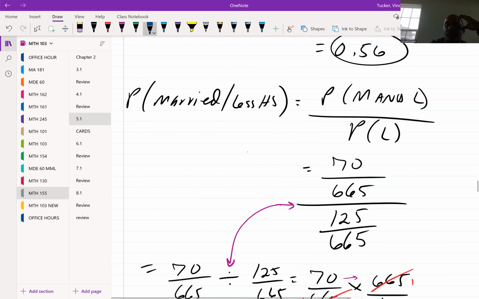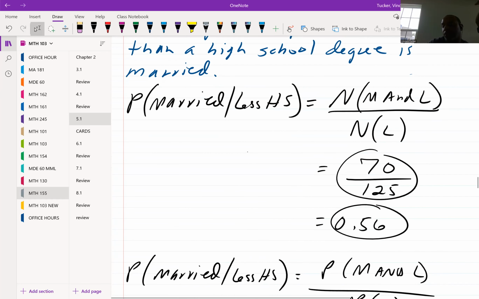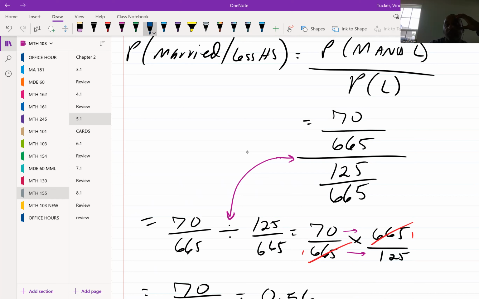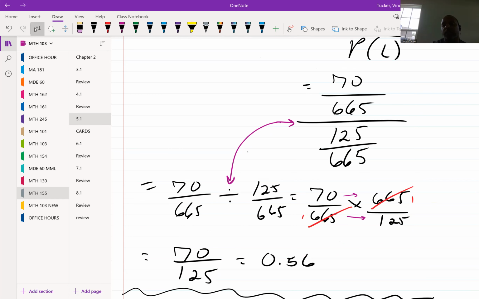I'm not saying you have to do both of them, I'm just showing you the work behind it. When it comes to dividing fractions, you multiply by the reciprocal, so that flips this fraction. The 665 will cancel, leaving you with 70 over 125 again. So just showing you that it works both ways.